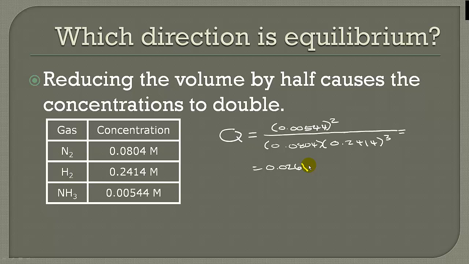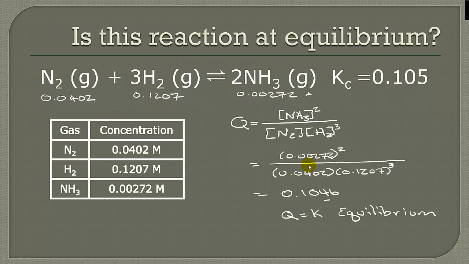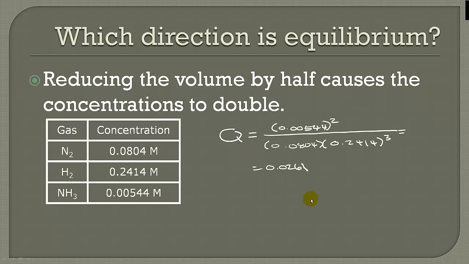So let's flip back really quick. And you can see the equilibrium constant is 0.105. So Q is less than K. That is, 0.261 is less than 0.105.